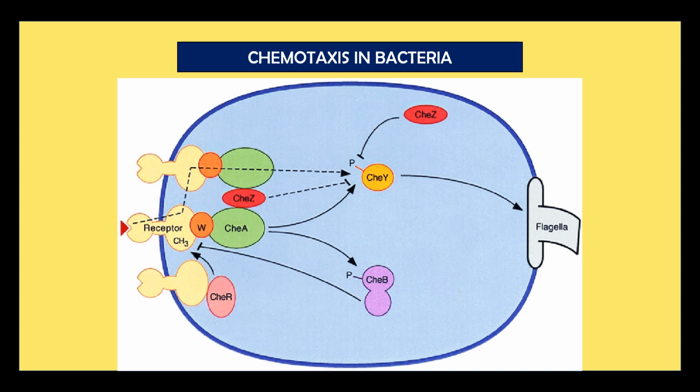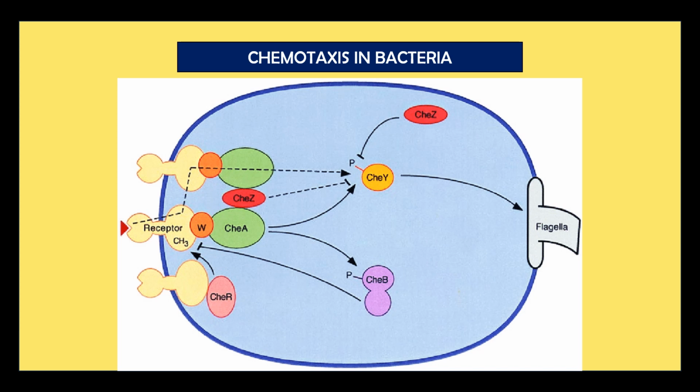In E. coli, the binding of a repellent increases the activity of the receptor, which binds CheW, an adapter protein, and CheA, a sensor protein which acts as a histidine kinase, thereby stimulating CheA to phosphorylate itself on histidine.